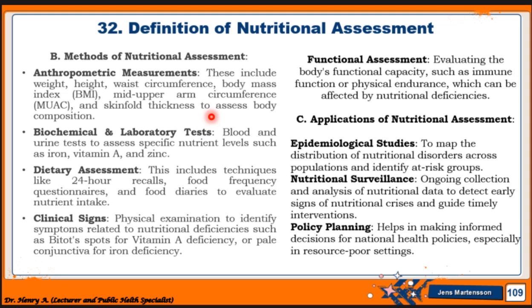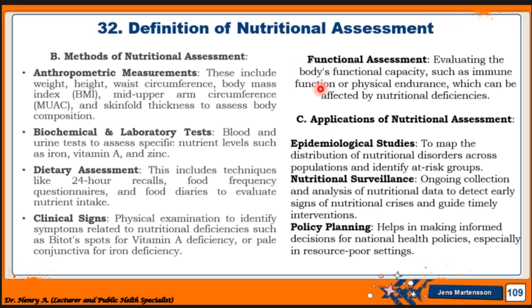Now let us see clinical signs. Physical examination to identify symptoms related to nutritional deficiencies, such as Bitot's spots for vitamin A deficiency or pale conjunctiva for iron deficiency.